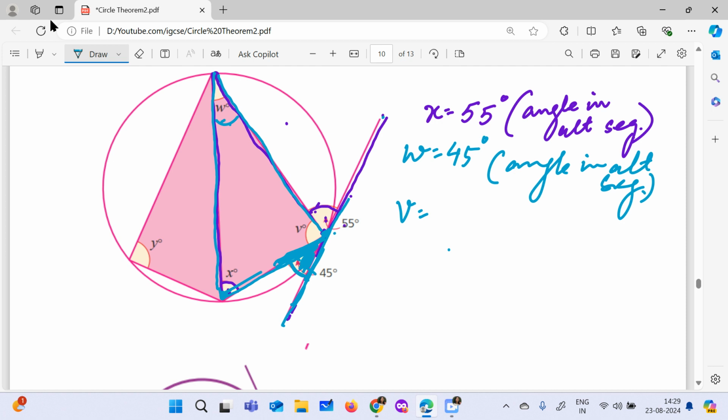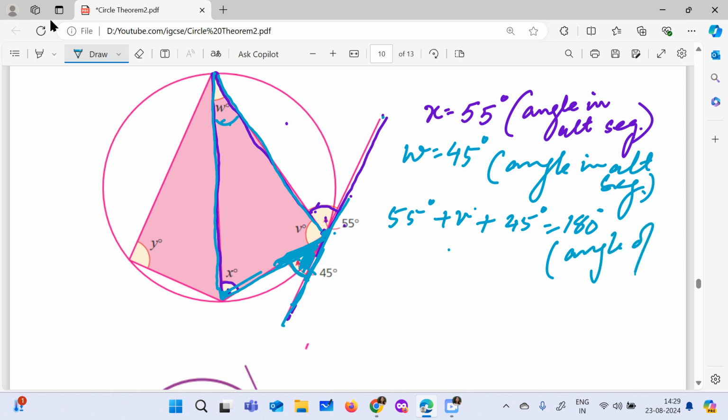So I must say that 55 degrees plus V plus 45 degrees will give you 180 degrees. The reason is angles on a line sum up to 180 degrees, right?